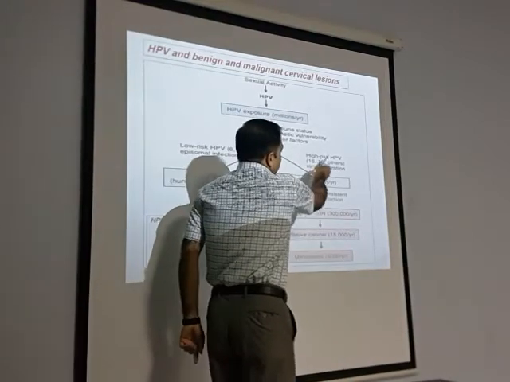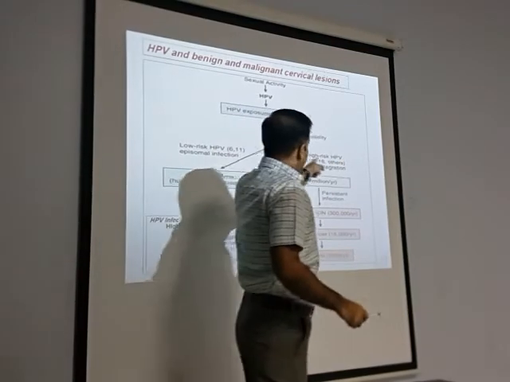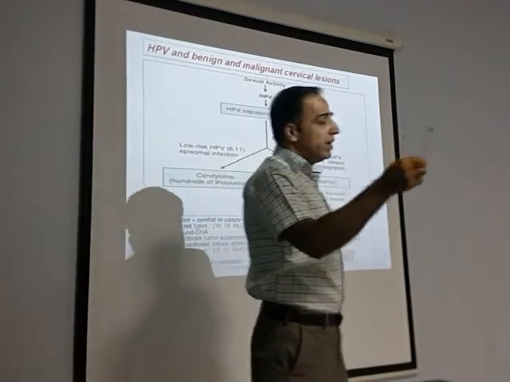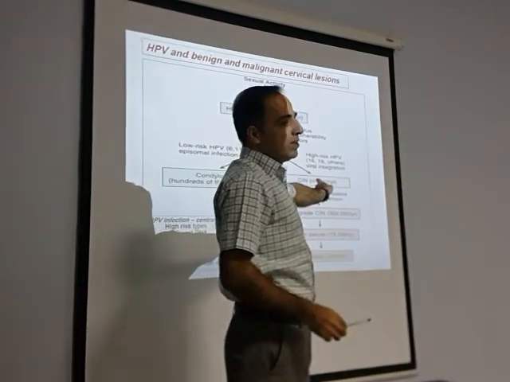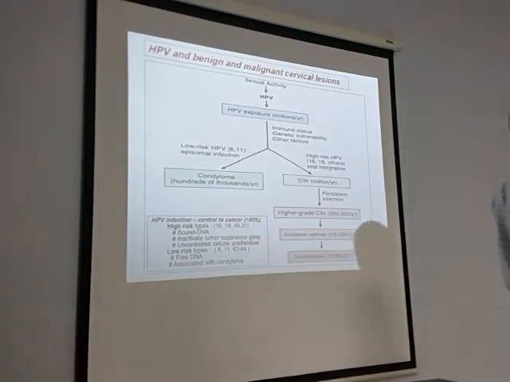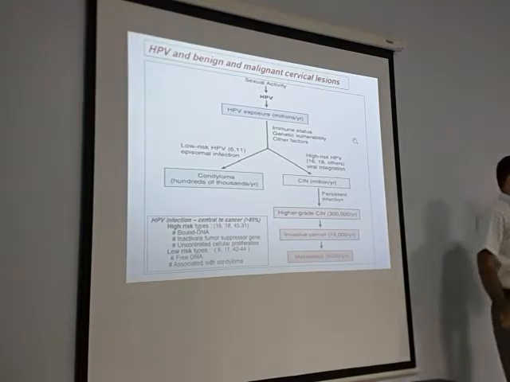But the people having high risk HPV like 16 and 18, 1 million per year will have the intraepithelial lesion, CIN, which is cervical intraepithelial neoplasia. So out of the millions, 1 million will have cervical intraepithelial lesion, but only in high risk, not low risk type of virus.